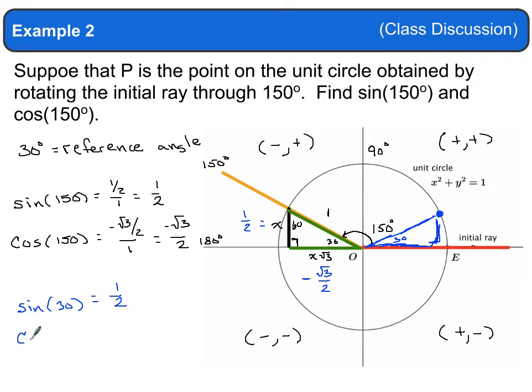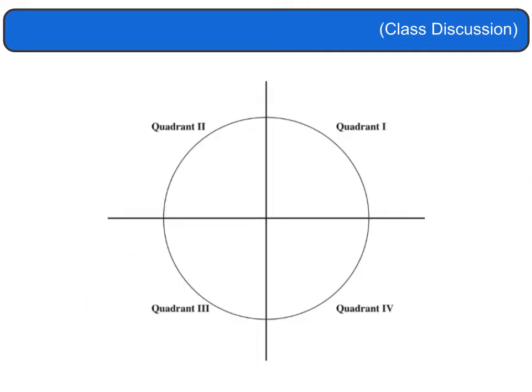But if I actually said the cosine of 30 rather than the cosine of 150, it would be a positive square root of 3 over 2. I mention that just so you could see the difference between the 150 version and the 30 version. The 150 version puts us in quadrant number 2, whereas the 30 version leaves us in quadrant number 1 in that perspective. So our next note at the top of the next page is just a reference piece.